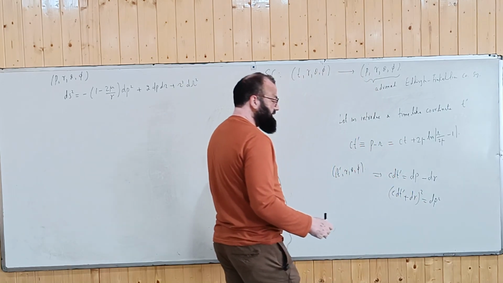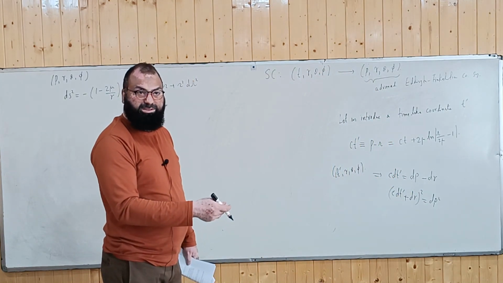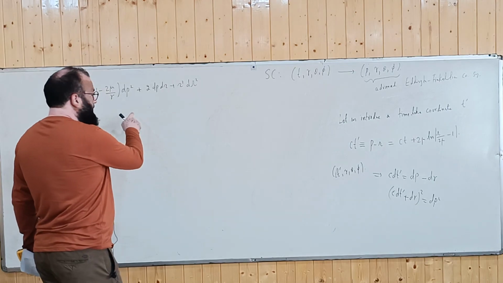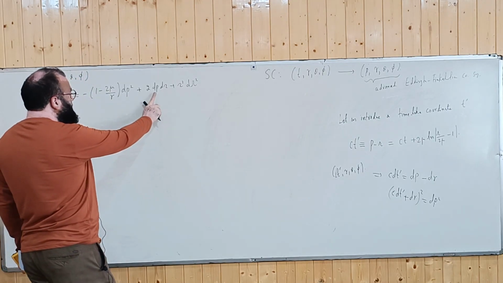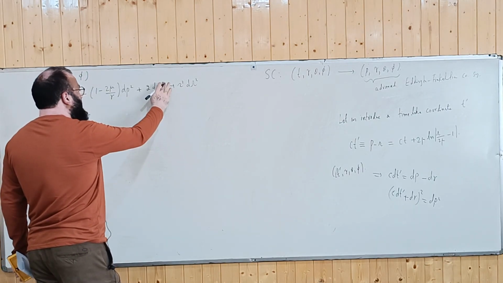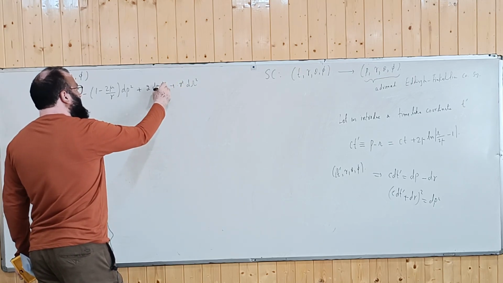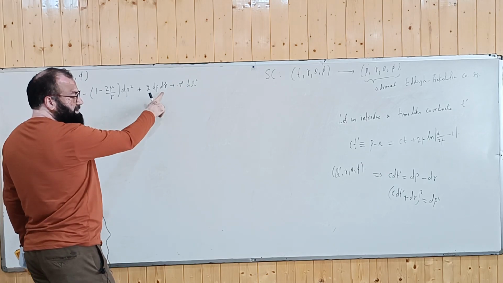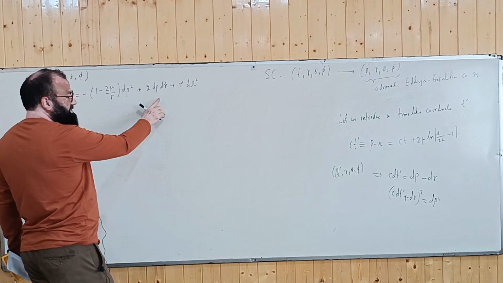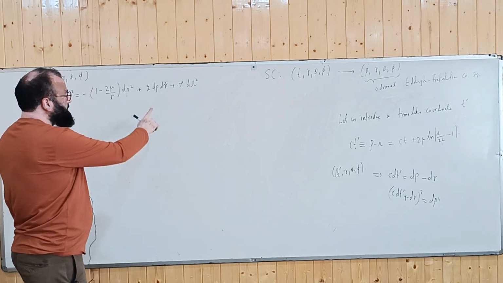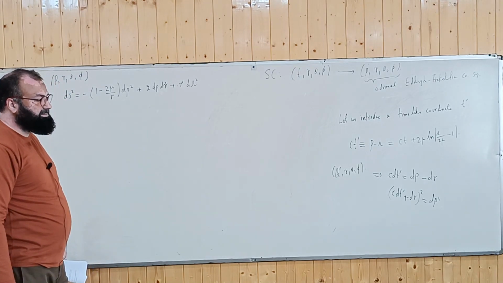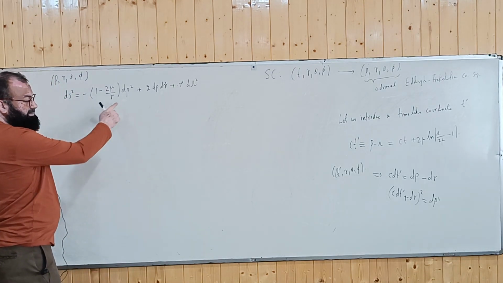So you can now calculate all the terms. Just calculate this dp square. You know dp in terms of dt prime and dr, and now you know dp square.